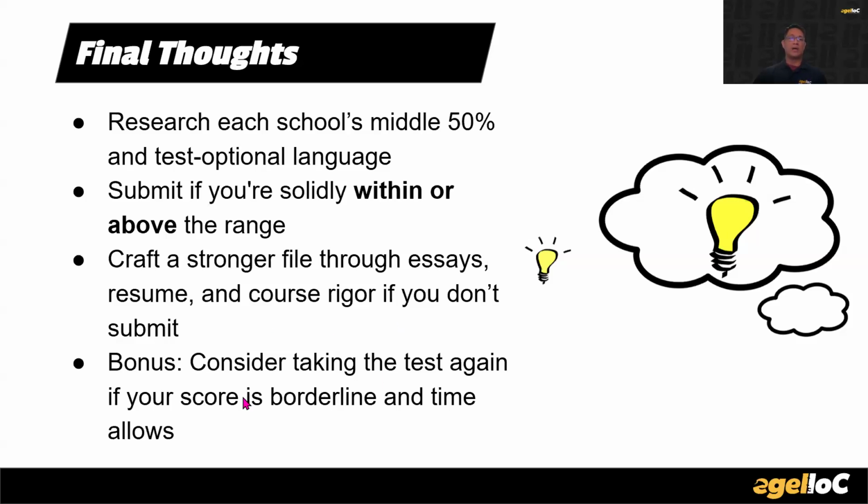Another thing, and we talk about this: remember, you can consider taking the test again if your score is borderline, and I would recommend you do that. But remember, we always say you don't want to necessarily take the SAT or ACT more than twice.